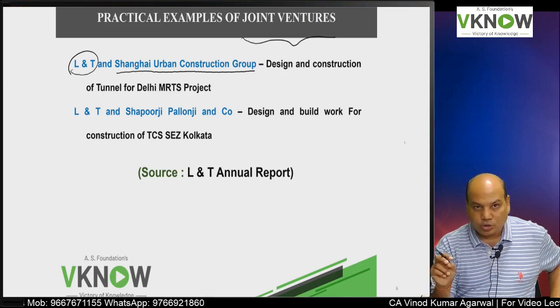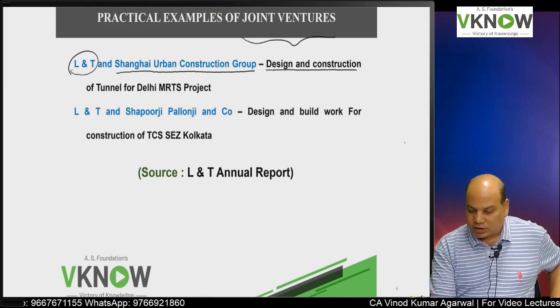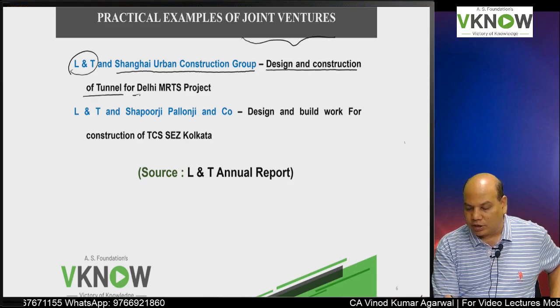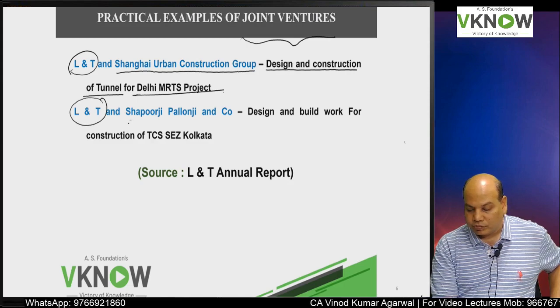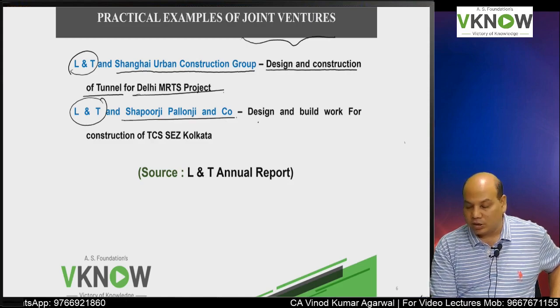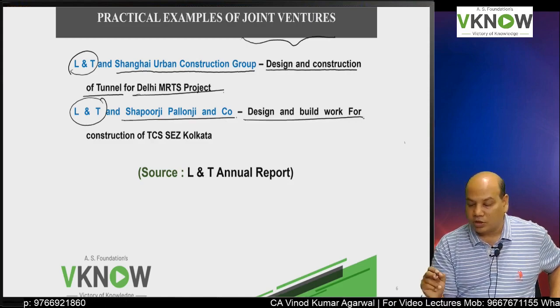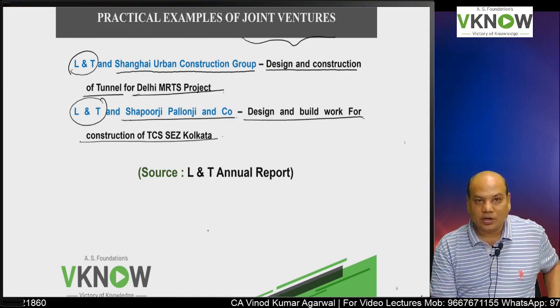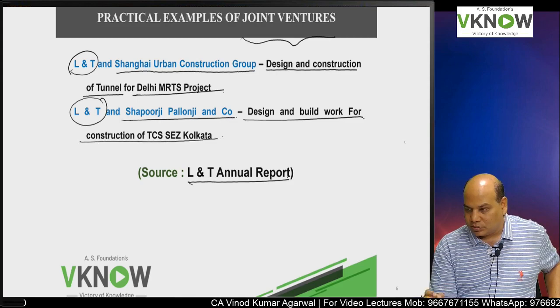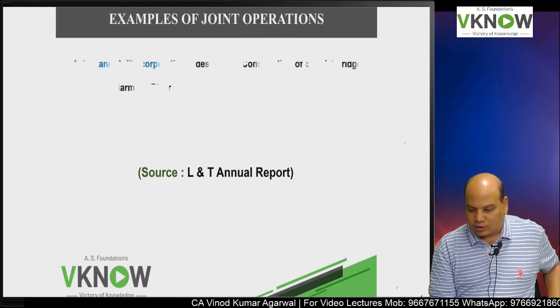They have entered into a joint venture for design and construction of a tunnel for the Delhi MRTS project. Similarly, Larsen and Toubro and Shapoorji Pallonji company have entered into a joint venture for design and build work for construction of TCS SEZ Kolkata. Source: L&T annual report.